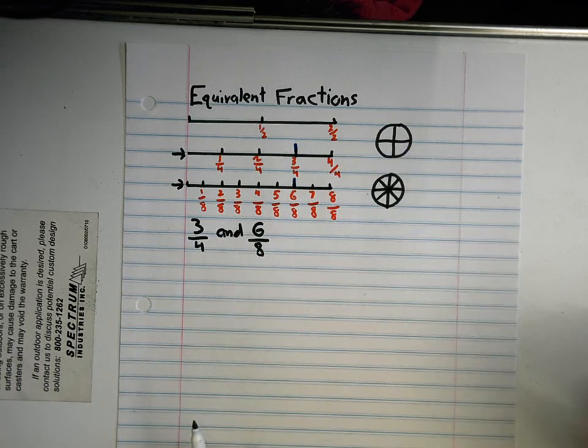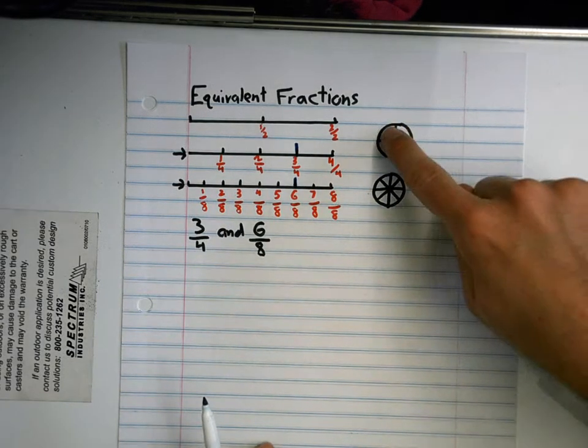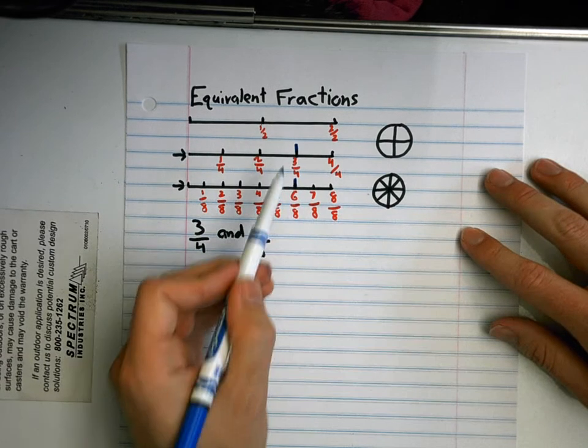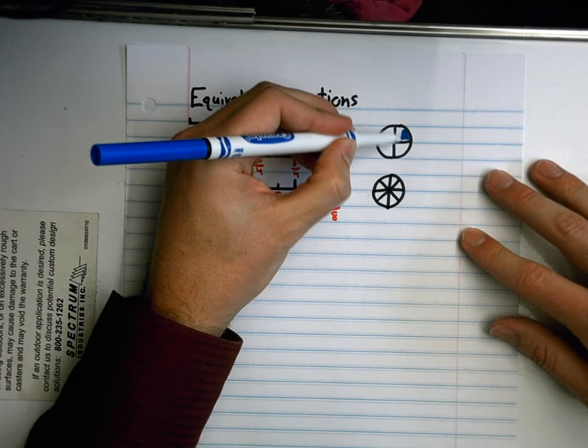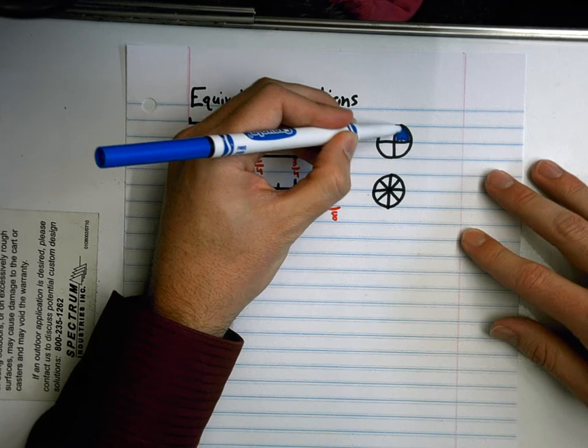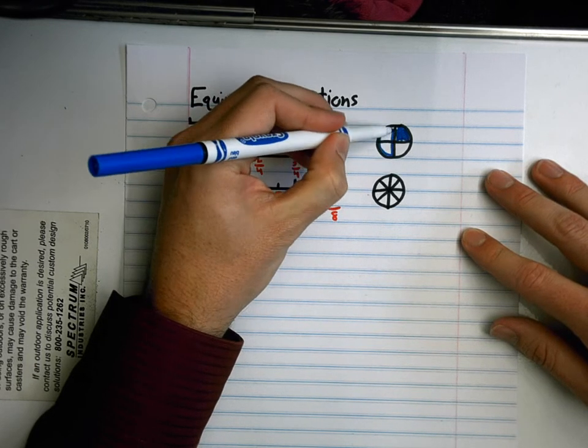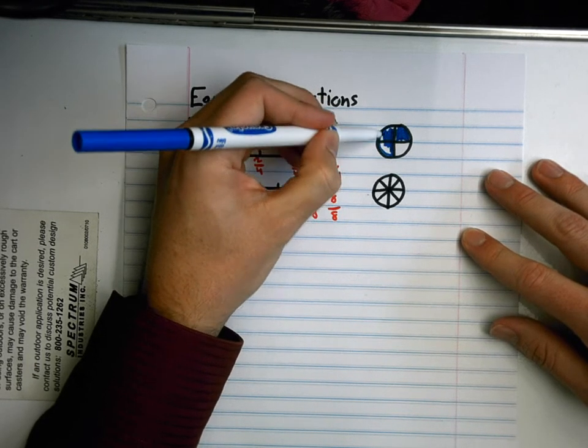So I'm going to come over here and look at this pie graph here. Okay, pie chart. The top one is broken up into 4 pieces, into fourths. And I went 3/4 of them. So I'm going to color in 3 pieces. 1, 2, 3. I'm going to color these at the same time.